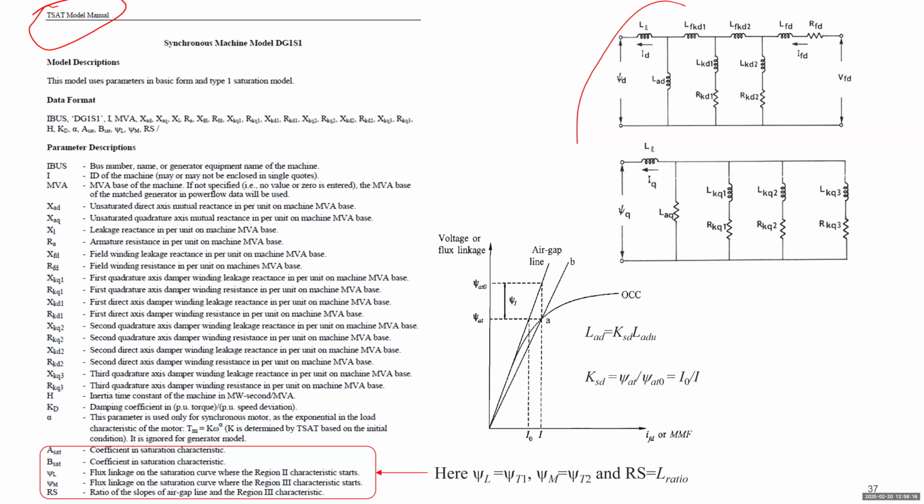So we have those two equivalent circuits, and each considers 1 stator winding and 3 rotor windings in each axis. So the bottom section is really about the saturation characteristic. So there are 5 parameters which correspond to the 5 we talked about.